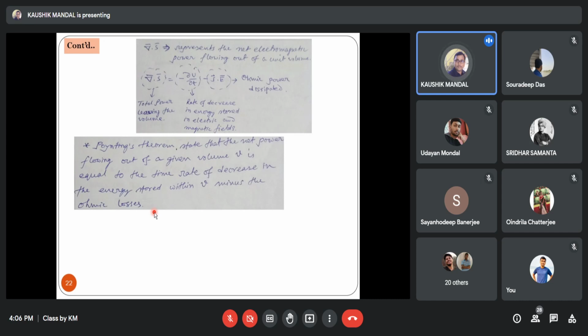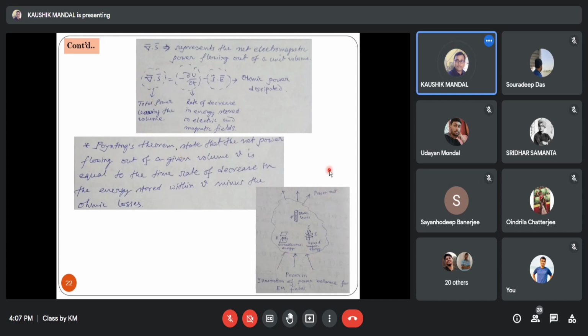In graphical form, we can represent it in that way. If we consider this is a unit volume, this is the power in, this is the power out. So the rate of the total power leaving the volume will be equal to the rate of decrease in energy stored in electric and magnetic field.